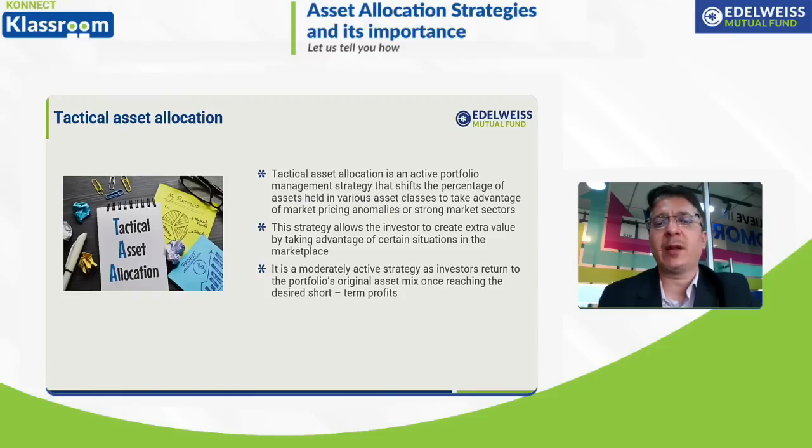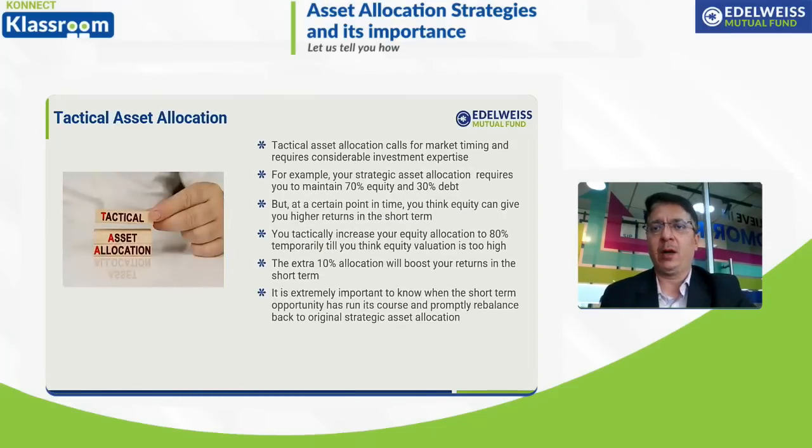So that's how you create an asset mix which will be different from your original strategy during a tactical asset allocation for a small brief period of time, right? And that's how you help in either boosting your returns when you think that the markets are going to do well, or controlling the volatility when you think the markets are in correction mode. So that's how you build your tactics.